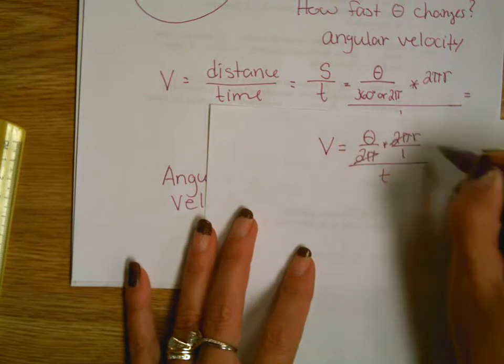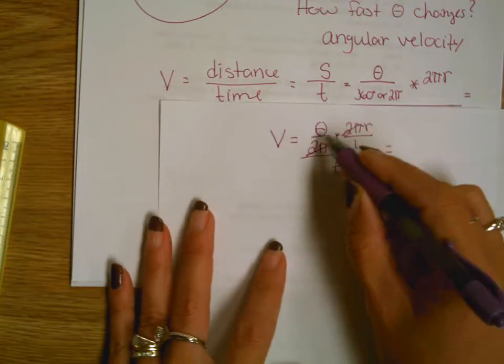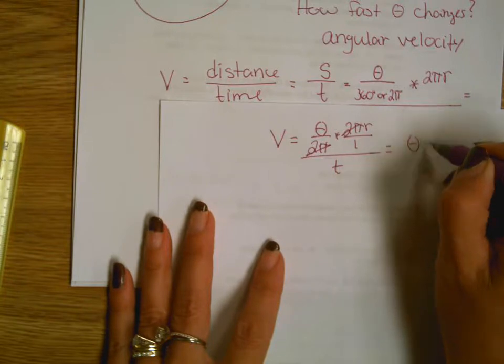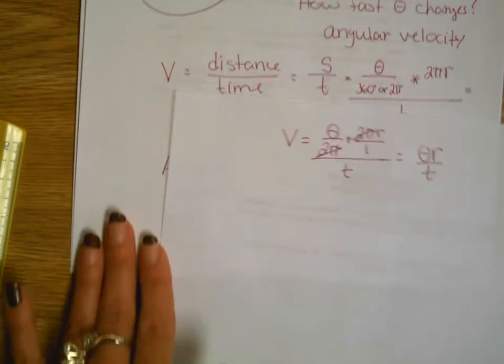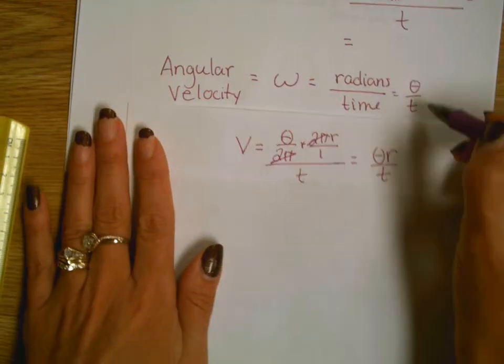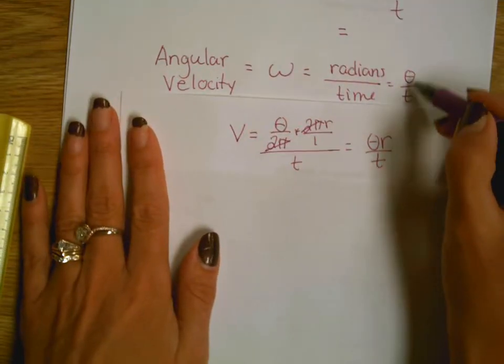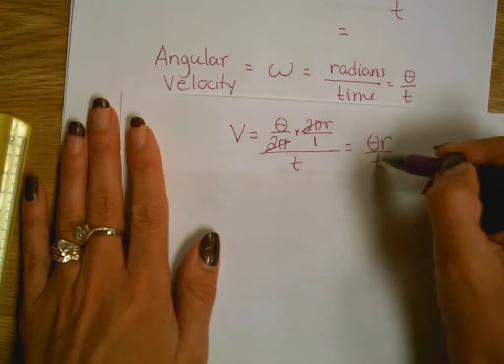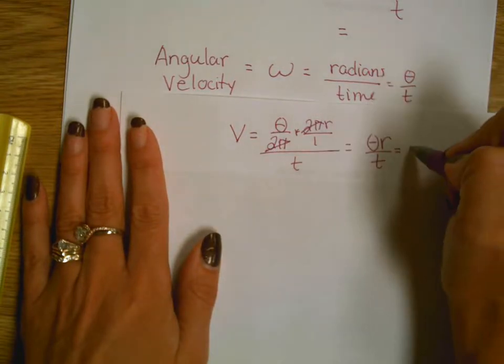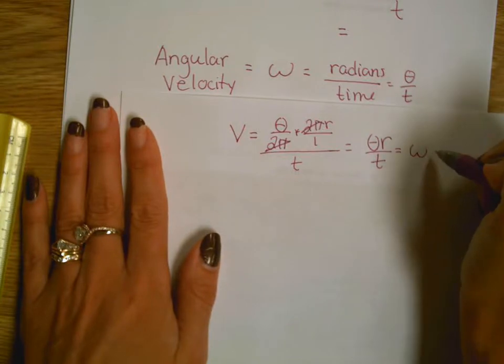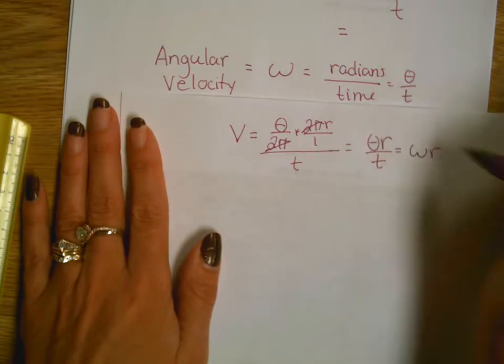The 2 pi's are gone. So linear velocity is the radians times the radius divided by time. Well, we just had the radians over time equals W. So another way to get linear velocity is angular velocity times r.